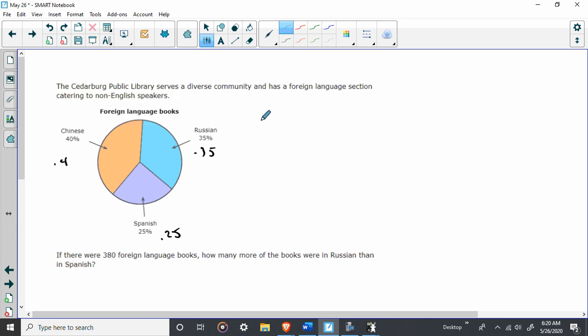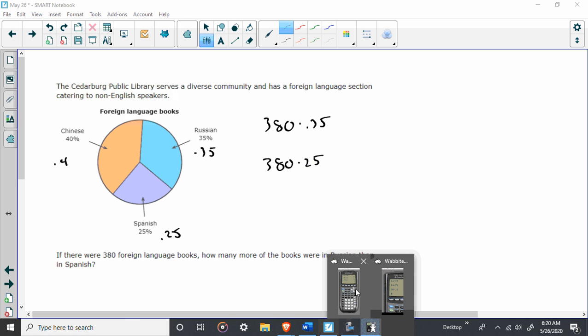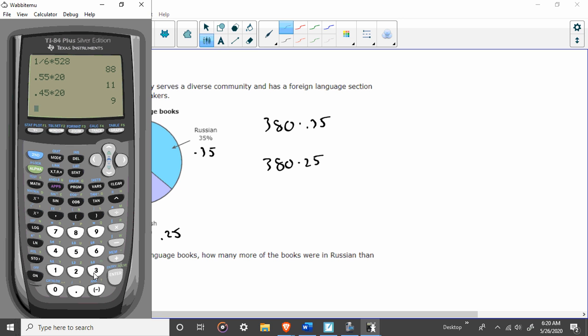Okay, so again, we want to know what's 380 times 0.35 and 380 times 0.25. I'll show you guys a trick in a second that might help you. So 380 times 0.35, and 380 times 0.25.